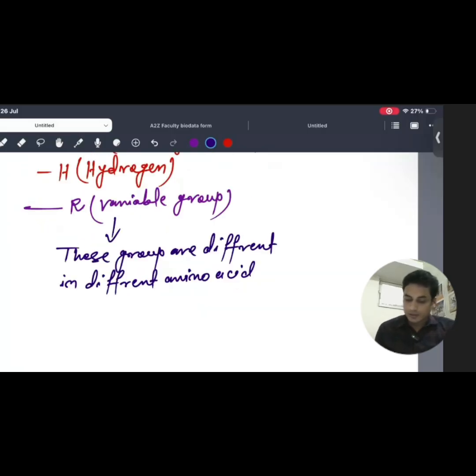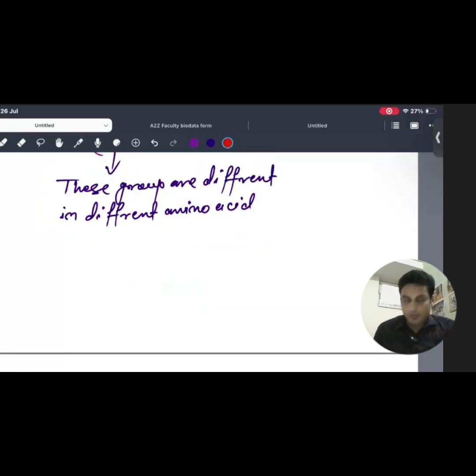In this amino acid, here is a carbon which is bonded by four covalent bonds. First, here I am writing the amino group, NH2, or you can write the COOH group, that is the carboxylic group. One is the amino group, NH2. Third is the H group.